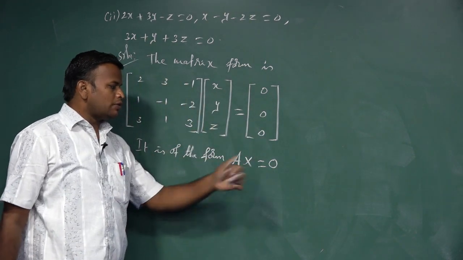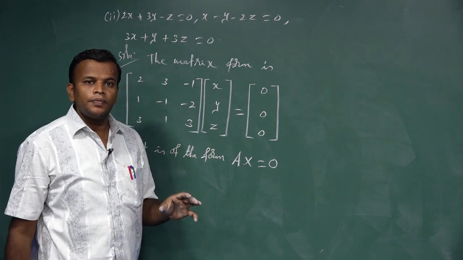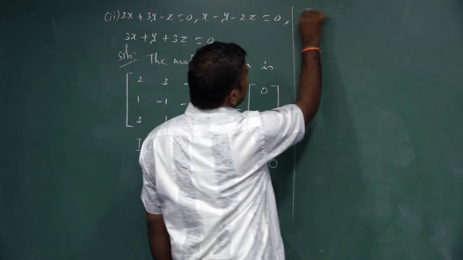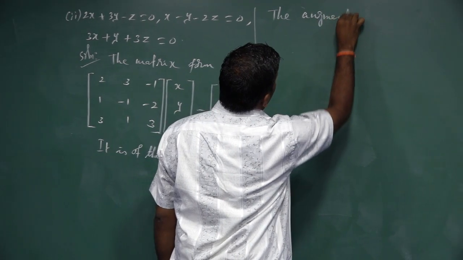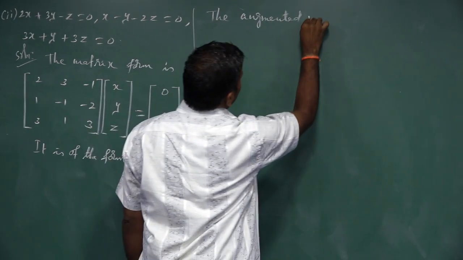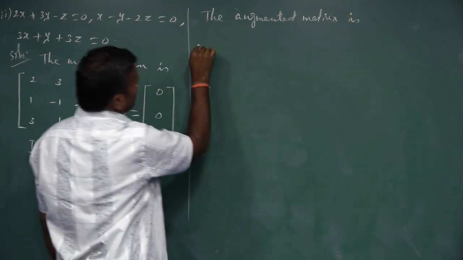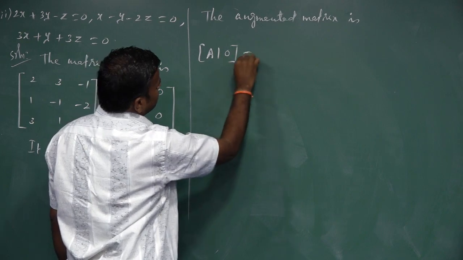After writing it in the form AX equals 0, the next step is to form the augmented matrix. The augmented matrix is [A | 0].